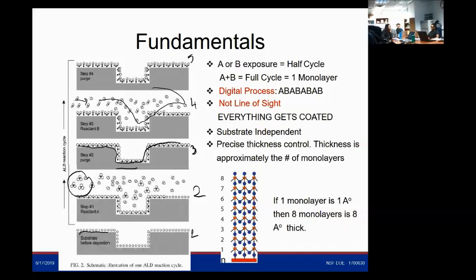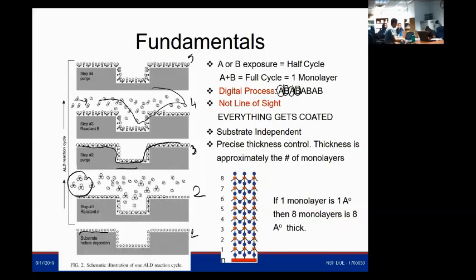So this way you have a chance to grow very nice, very controlled coatings, because everything is going to be done on the surface and you have a chance to deposit one atomic layer at a time. You guys see that? You have a chance to deposit one atomic layer at a time. That is super important.